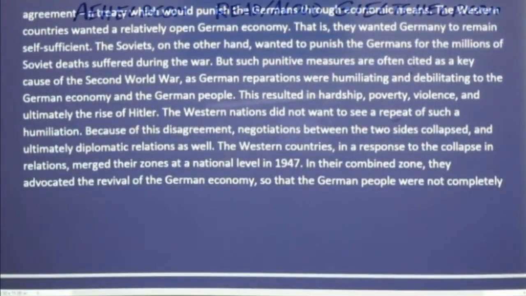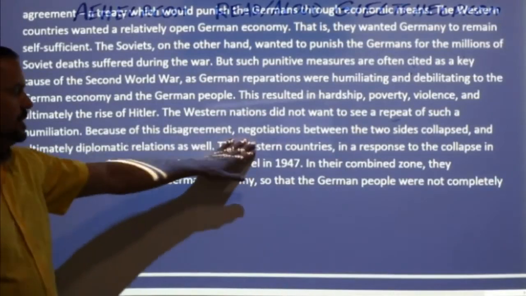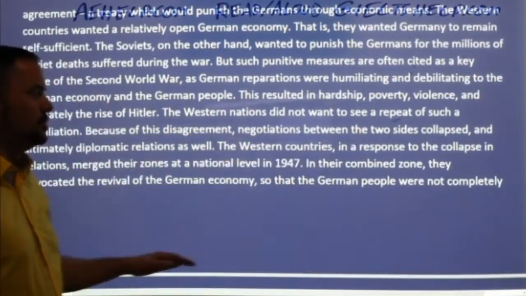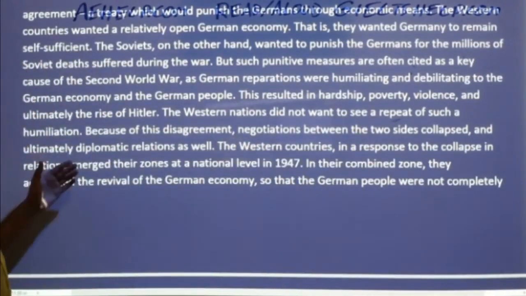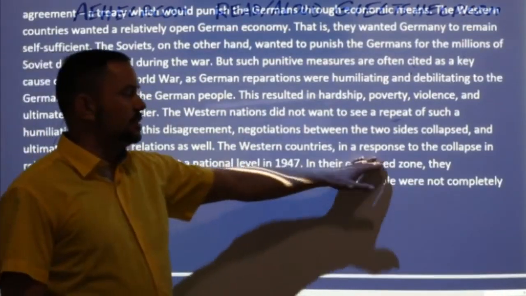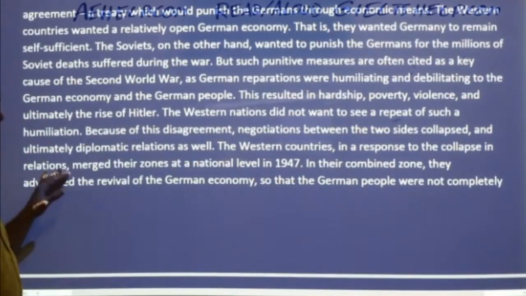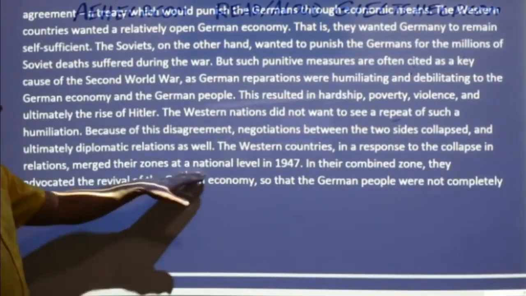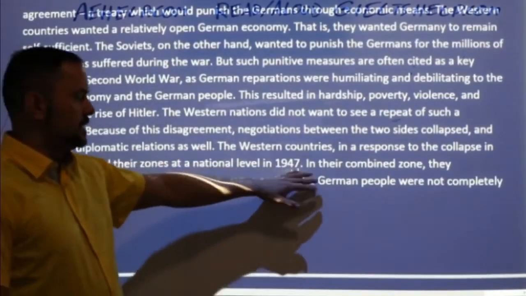The Western nations did not want to see a repeat of such a humiliation. Because of this disagreement, negotiations between the two sides collapsed, and ultimately diplomatic relations as well. The Western countries, in response to the collapse in relations, merged their zones at a national level in 1947.